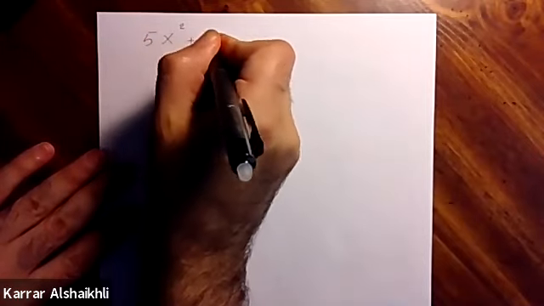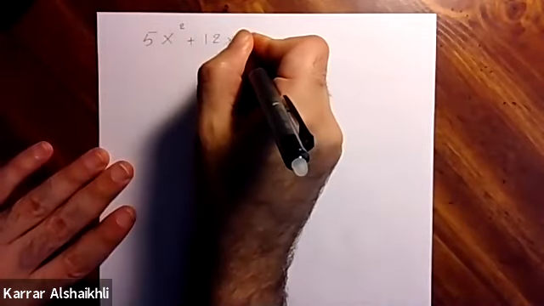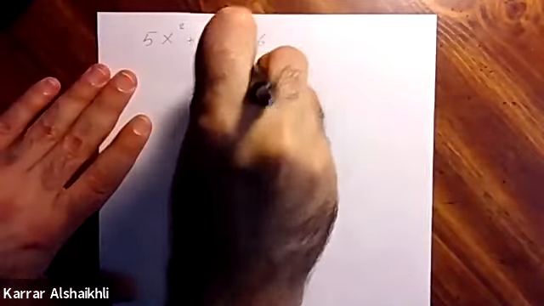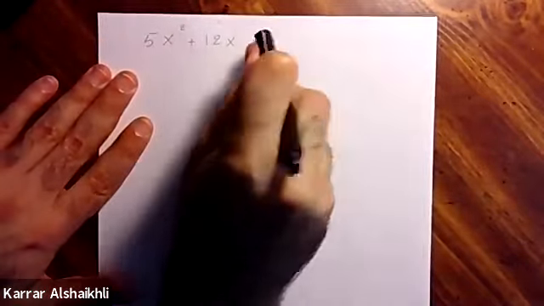So let's do this example. 5x squared plus 12x minus 6 equal -6.